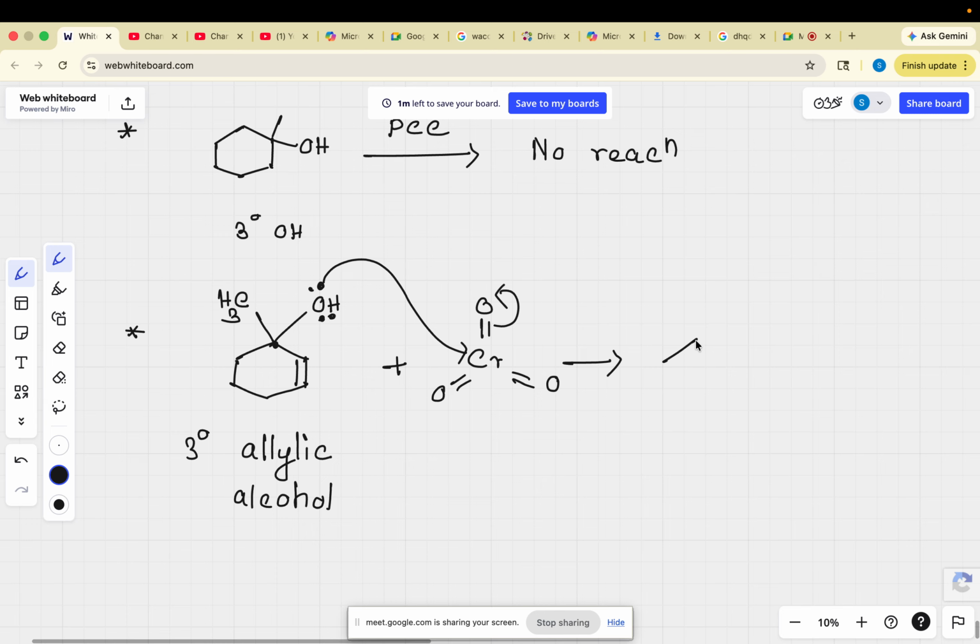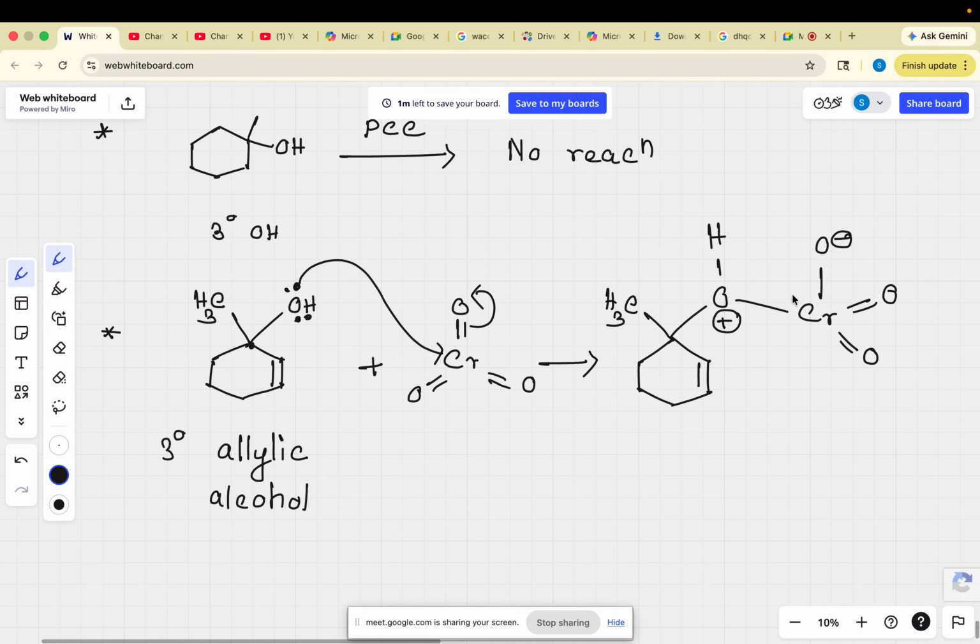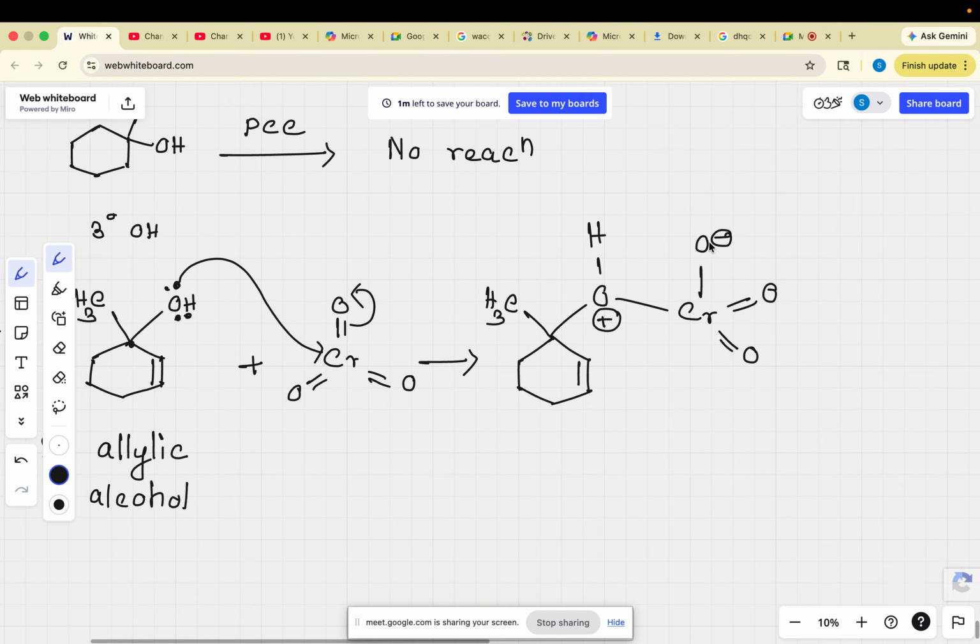So what I am getting: here I have CH3, and the oxygen is donating electrons, so it will be positively charged, and the double bond O gets a negative charge.